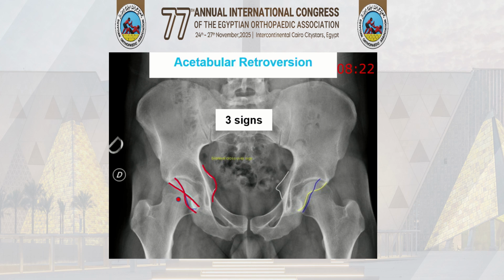And the third is the posterior wall sign, and this means that the posterior wall is medial to the center of the head, and this indicates a deficient posterior wall. So this is a deficient posterior wall, this is posterior dysplasia, and this posterior wall sign differentiates acetabular retroversion from global overcoverage, in which there is anterior overcoverage and normal coverage of the posterior wall.